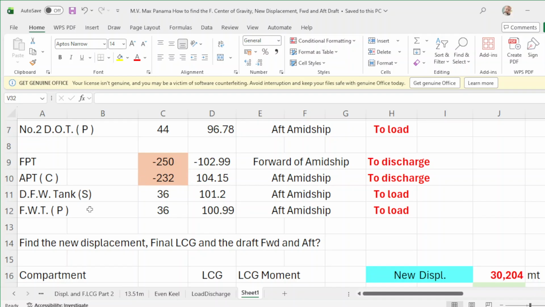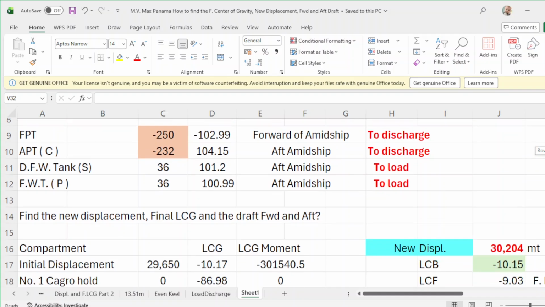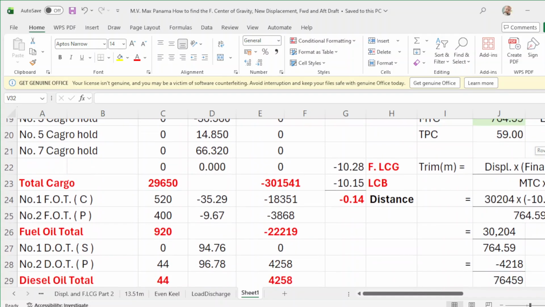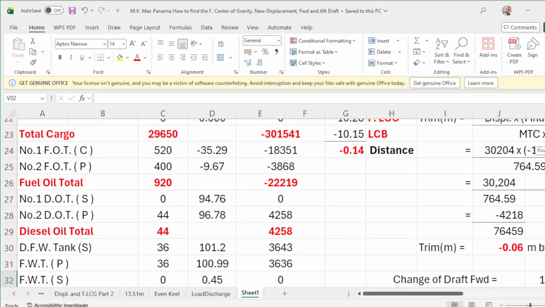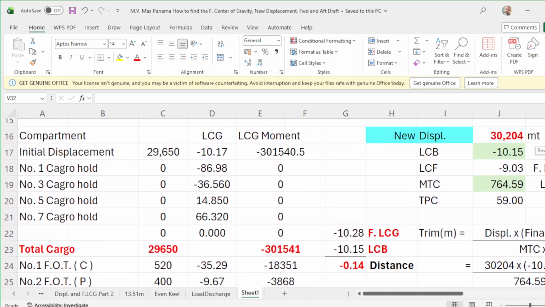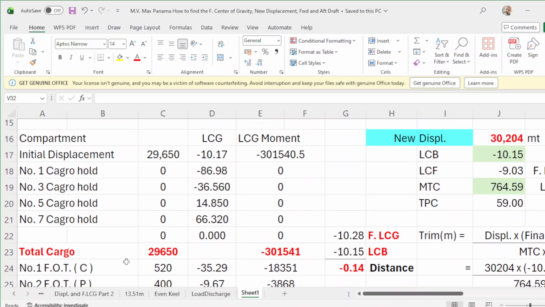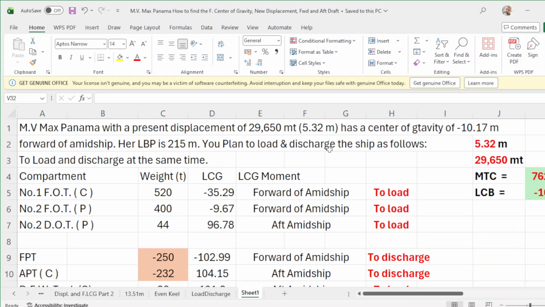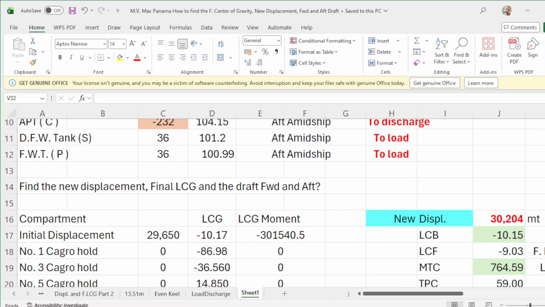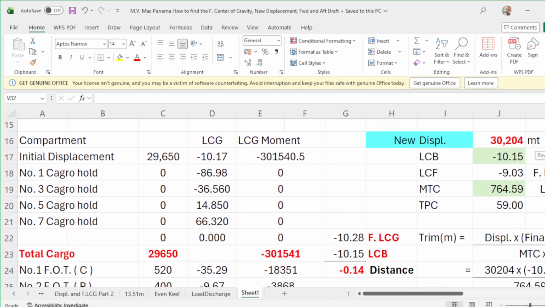Now we will apply all these weights in what we call the trim stability form. Okay, in the trim stability form, your initial displacement is 29,661 and the LCG is negative 10.17. So we don't load or discharge any cargo.